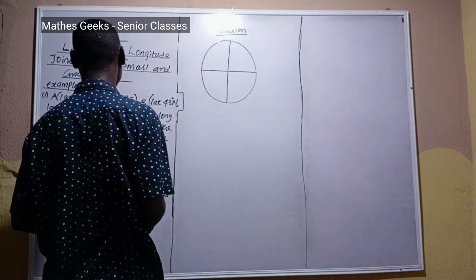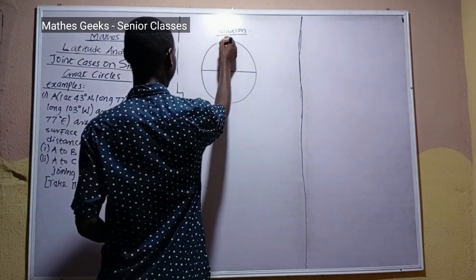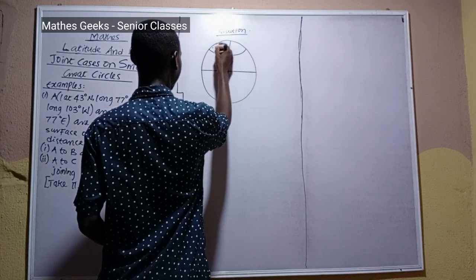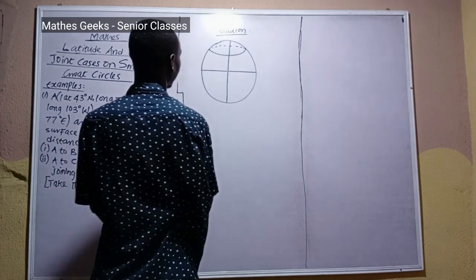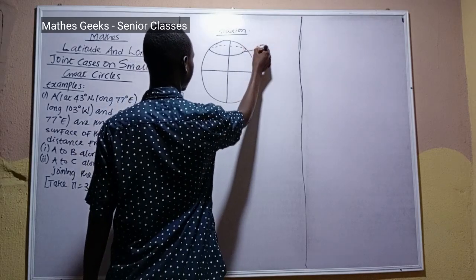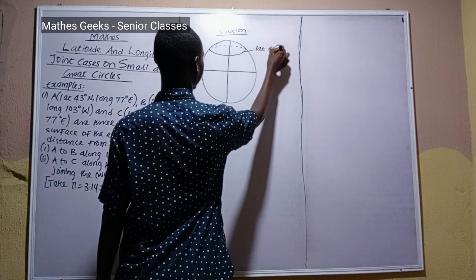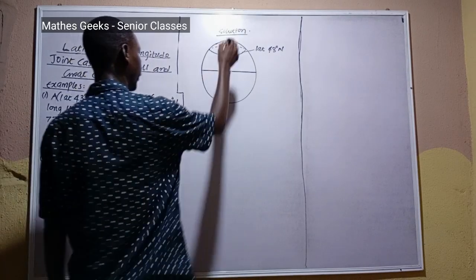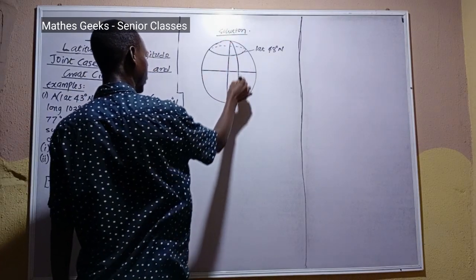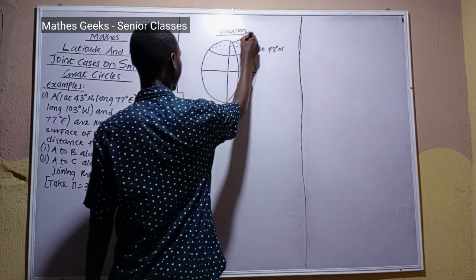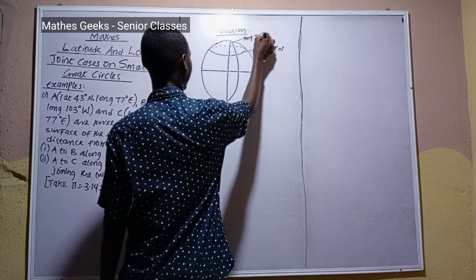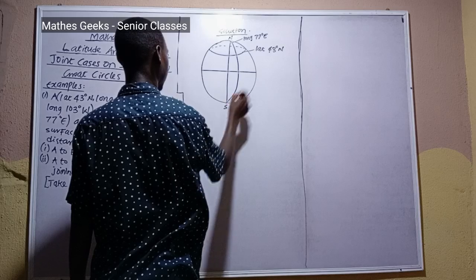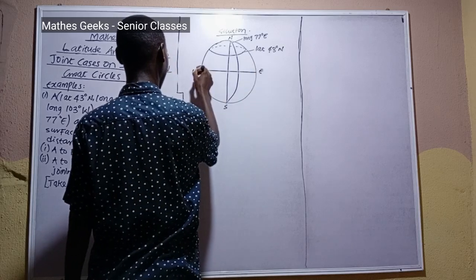Okay. The point A is latitude 43 degrees north and 77 degrees east longitude. There is longitude 77 degrees east, north, south, east, west.